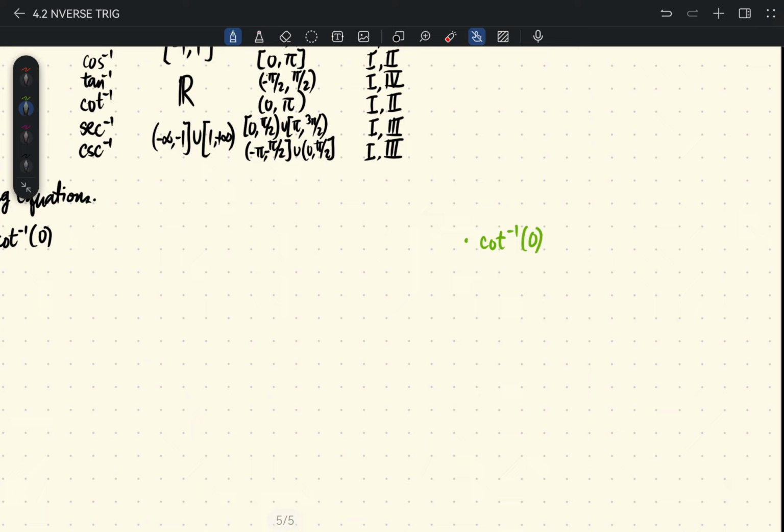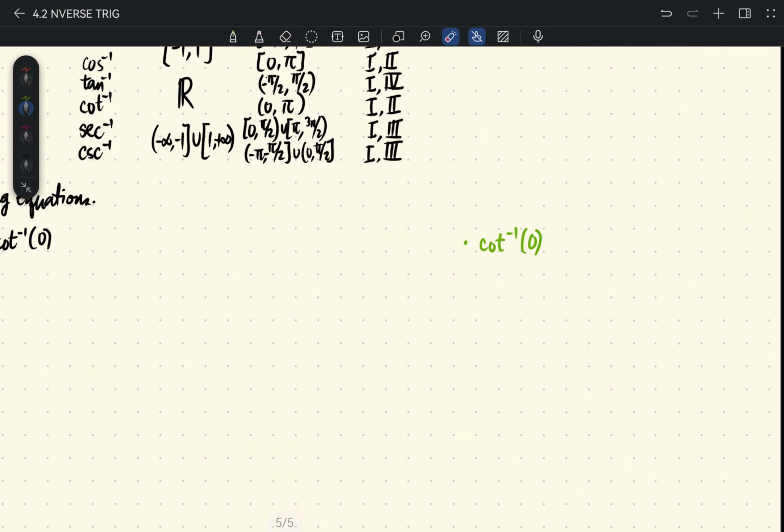How do we evaluate inverse trigonometric functions again? First, we have to check if the one inside is in the domain of your function. And cotangent inverse has domain R. So that means we can invert the effect of cotangent inverse by applying the cotangent function to both sides.